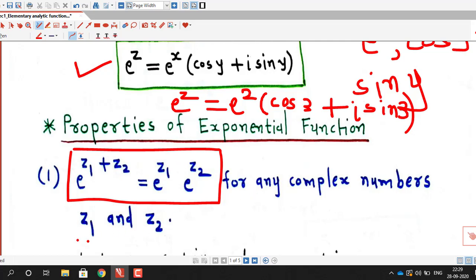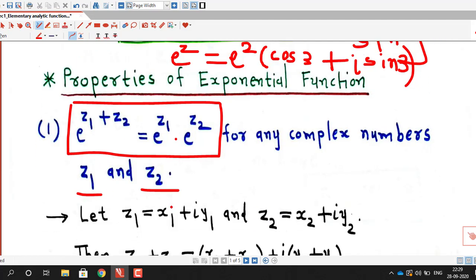So if I have any two complex numbers z1 and z2, then exp of z1 plus z2 is nothing but exp of z1 into exp of z2. To prove this property, we start by taking any two complex numbers. Suppose we take z1 equal to x1 plus i y1 and z2 equal to x2 plus i y2.